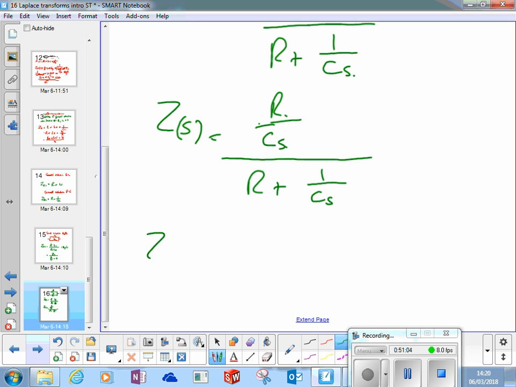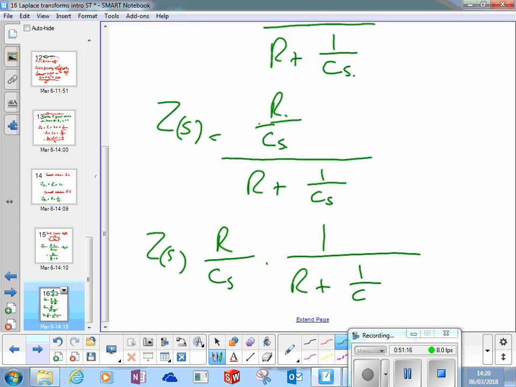And then we multiplied out, didn't we? ZS is R over CS times 1 over R plus 1 over CS.